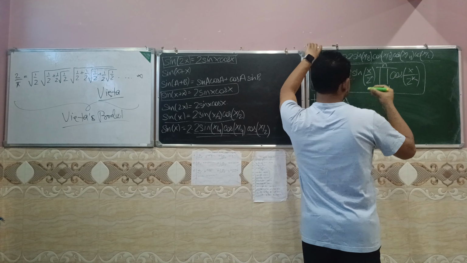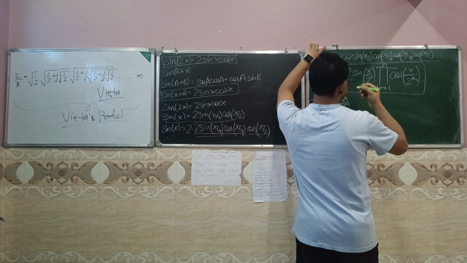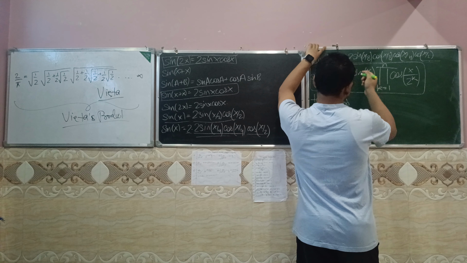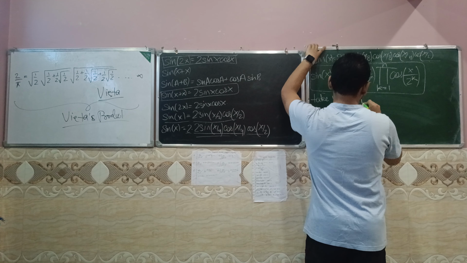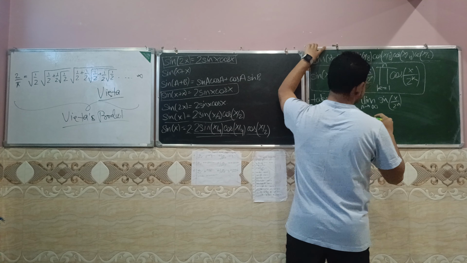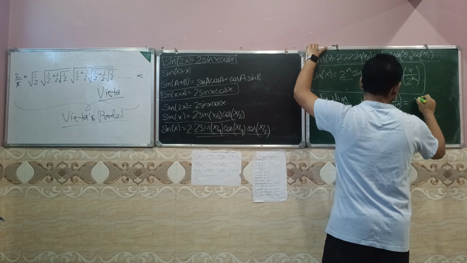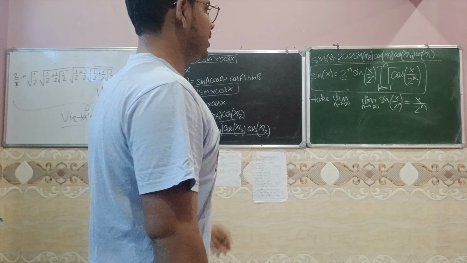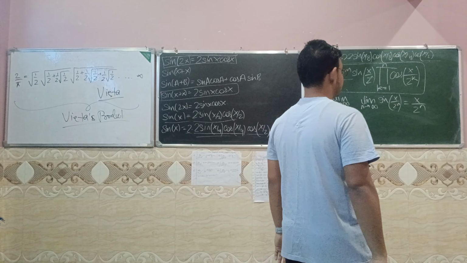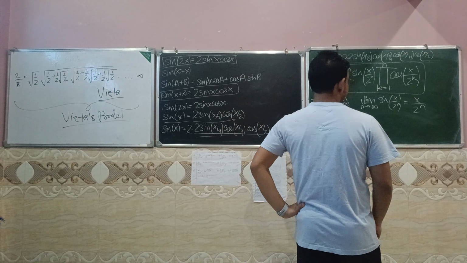If you have studied or have basic ideas about limits of sine, the limit as n tends to infinity of sine of x over 2 to the n would be just x over 2 to the n. So it's a basic limit, and I'm just going to replace it with that.